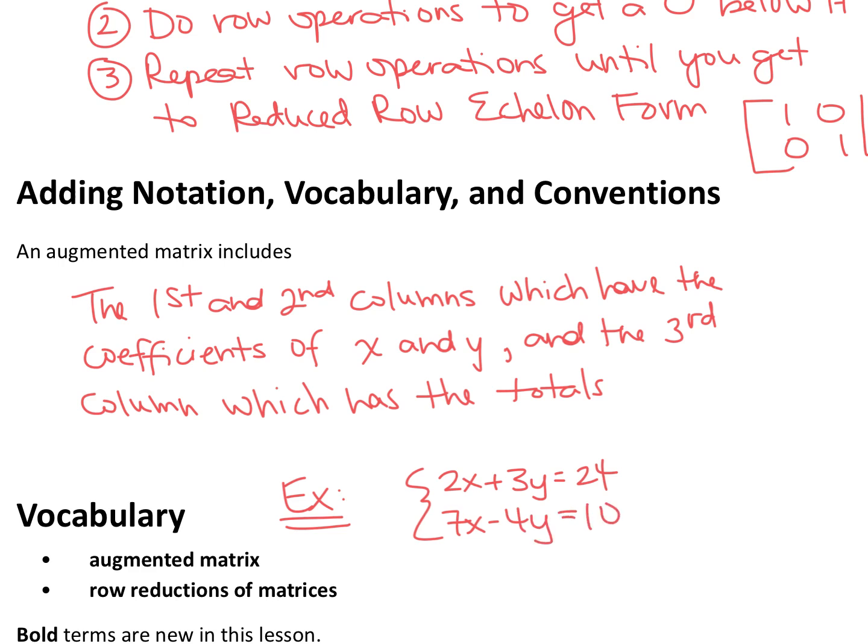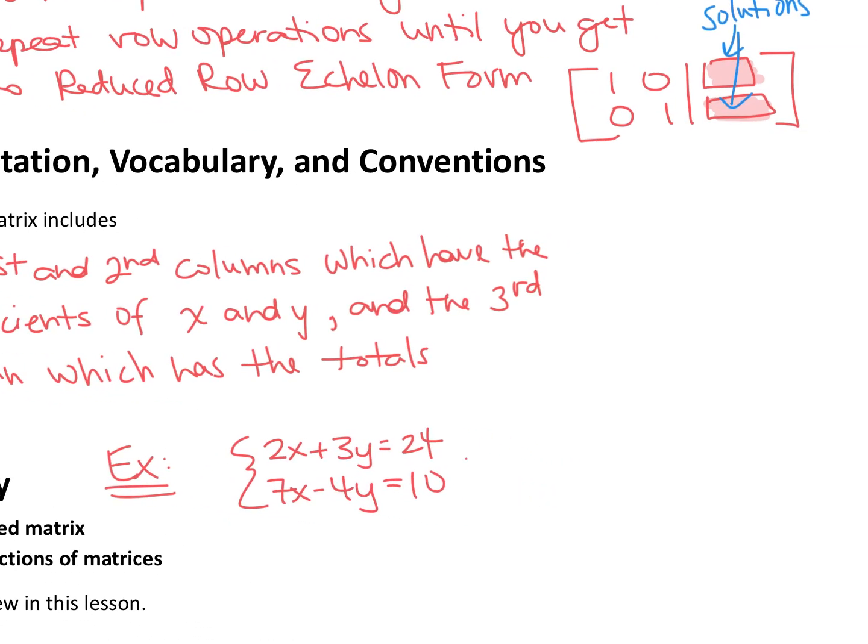Then the augmented matrix would look like this. The first and second columns have the coefficients of x and y. So it goes 2 and then 3, 7, and negative 4. And then the third column has the totals. So 24 and 10.